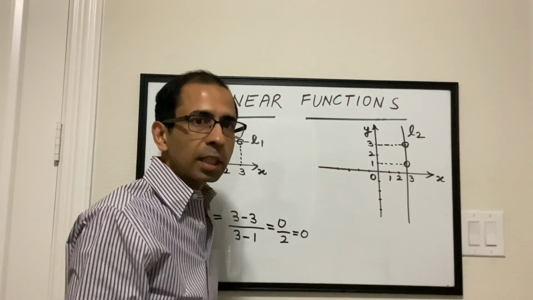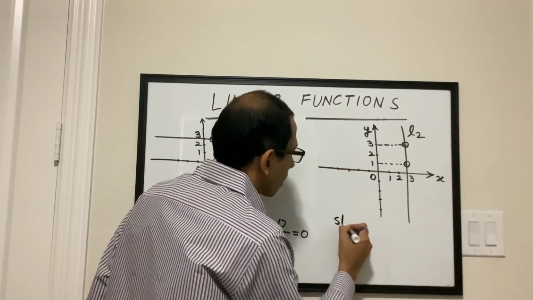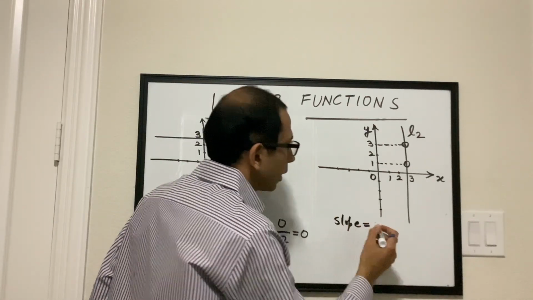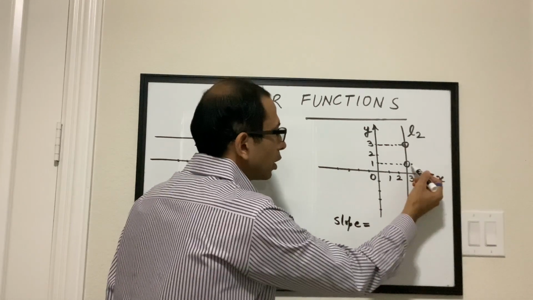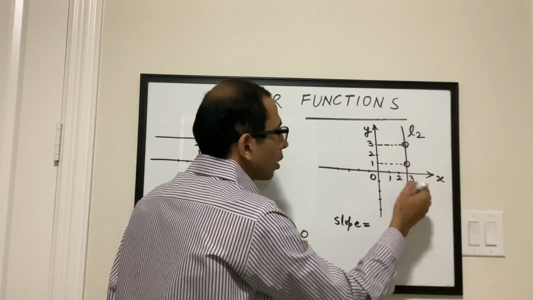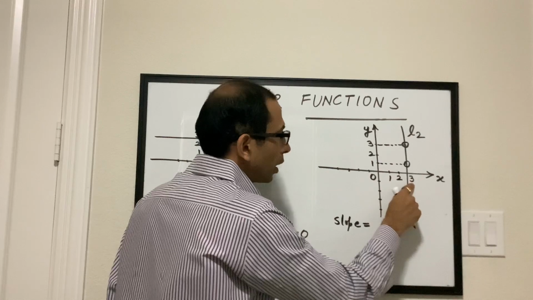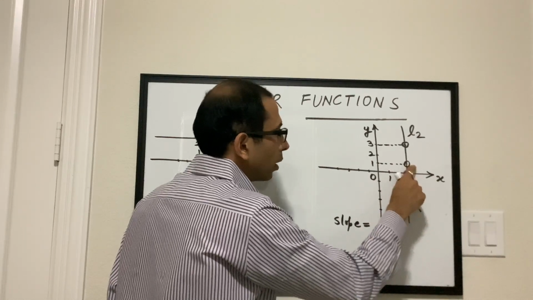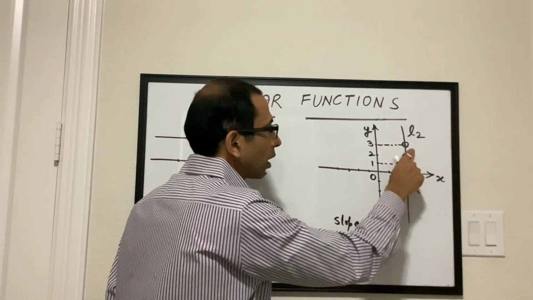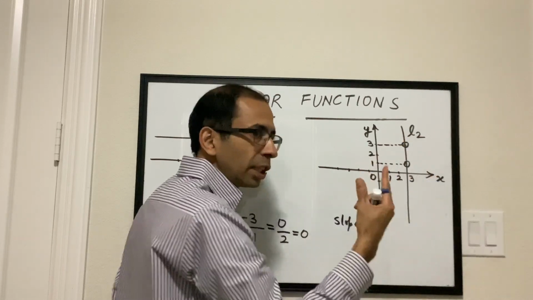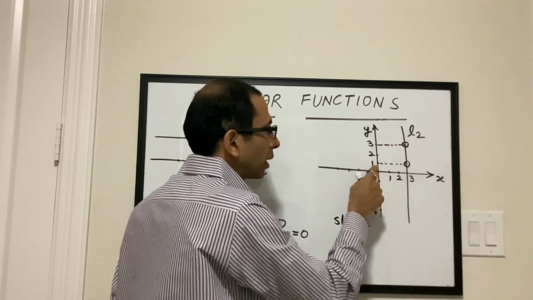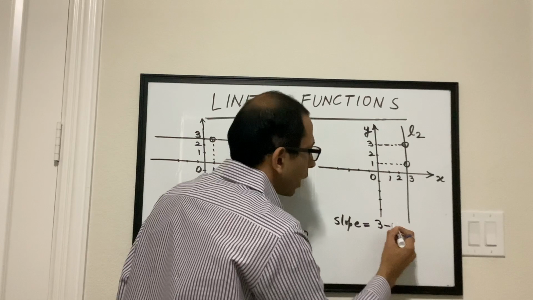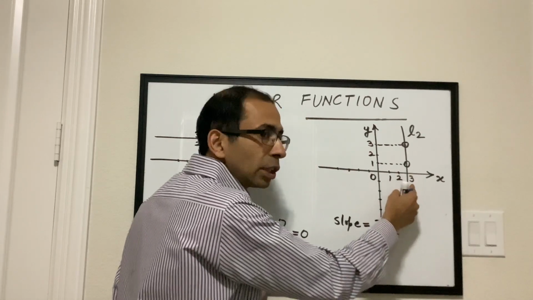Let's do the same exercise for line 2. Again, let's take any 2 points. For x equal to 3, the value of y is 1 here, and for the same value of x, 3, the value of y is 3. So the change in y would be the final y minus initial y, which is 3 minus 1, divided by the change in x.